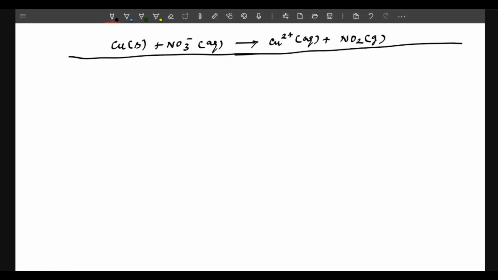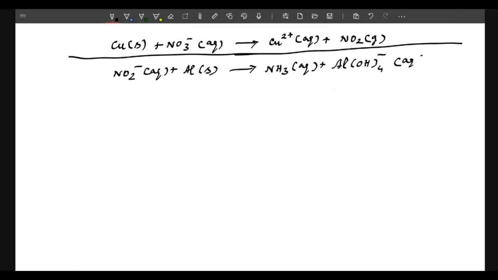Take down the question. We will give them in terms of questions, and then we will work this out. Balance the following redox reaction in basic medium: NO2 minus aqueous plus aluminium solid giving NH3 aqueous plus Al(OH)4 minus, aluminate, aqueous.